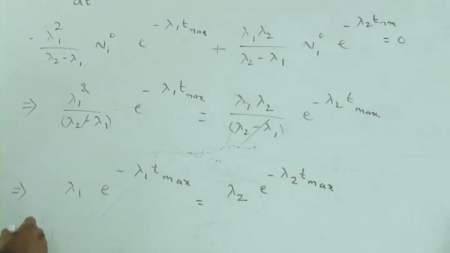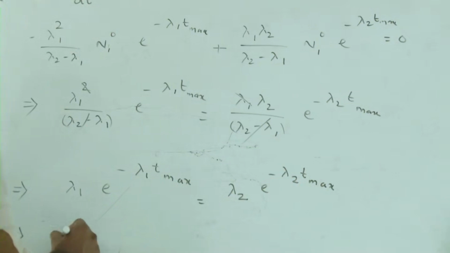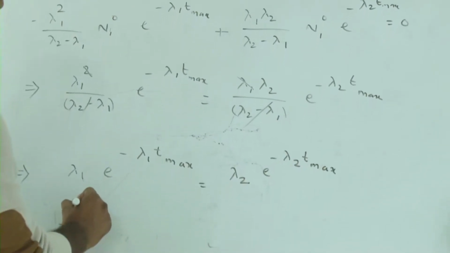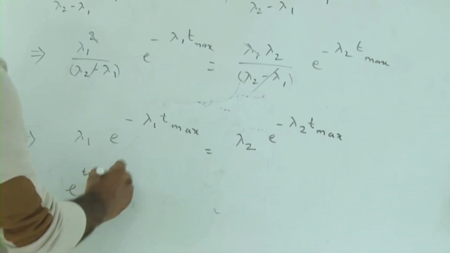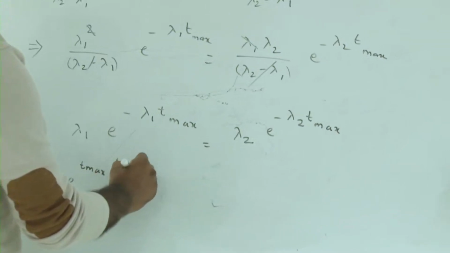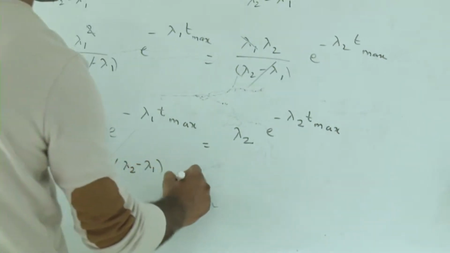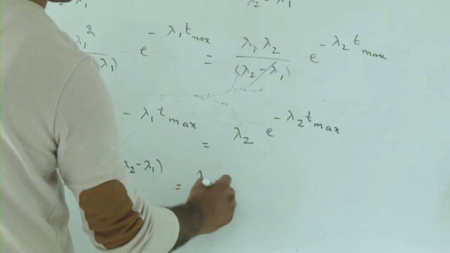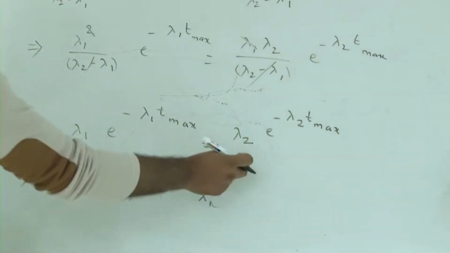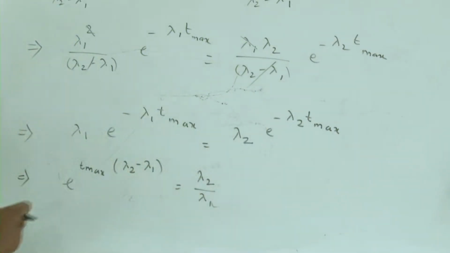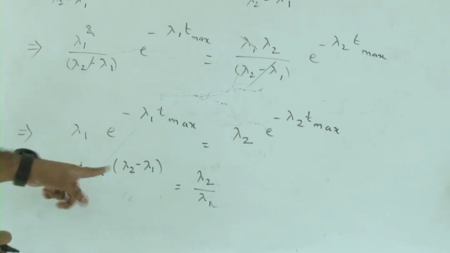That means, e to the power minus, if we make T max common, then lambda 2 minus lambda 1 will be equal to lambda 2 by lambda 1. I have just divided this one, brought this one to this side. So, this becomes T max.